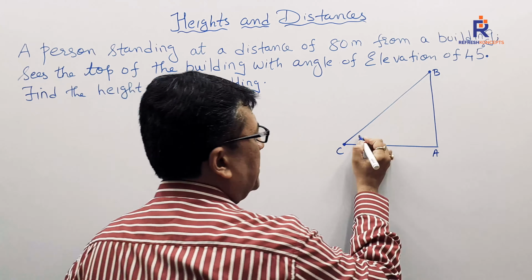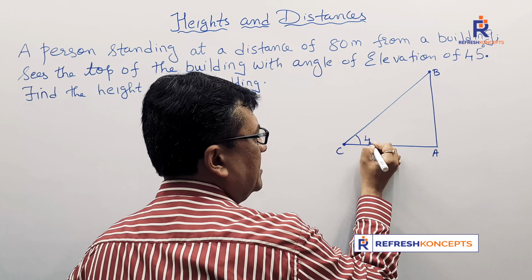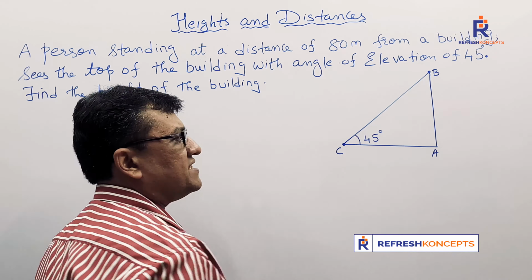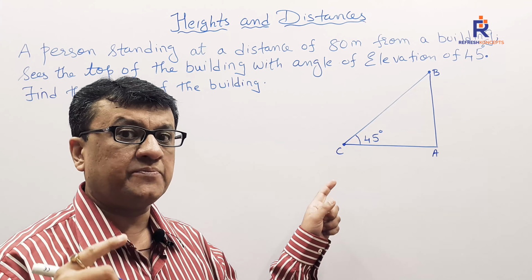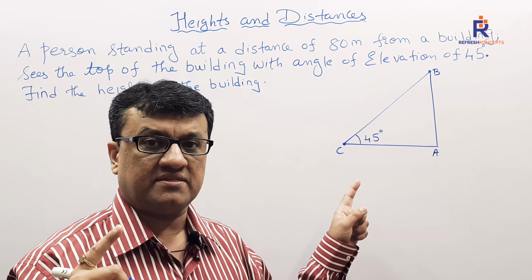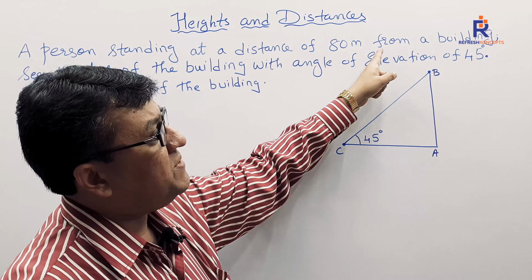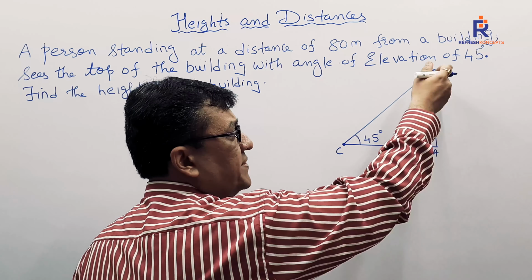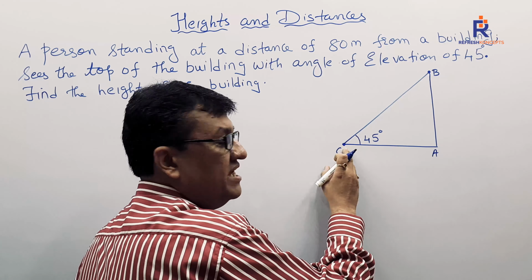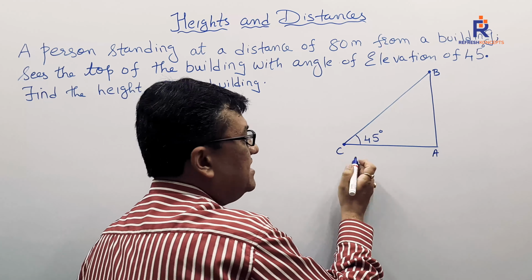The angle of elevation told to us is 45 degrees, as we saw in our previous slide. The person is standing at a distance of 80 meters from the building, so C is 80 meters away from AB. We are supposed to find the height of the building.